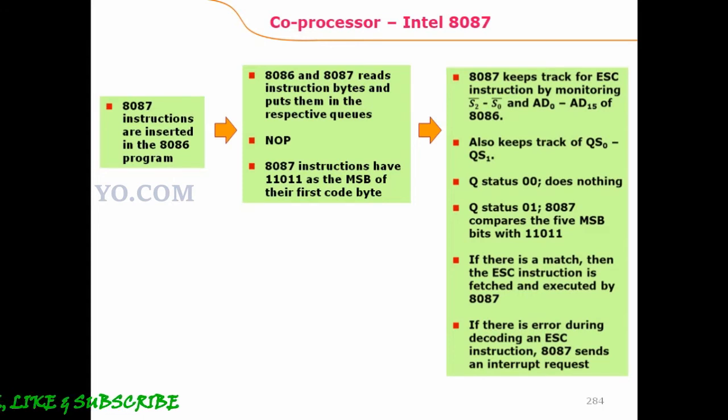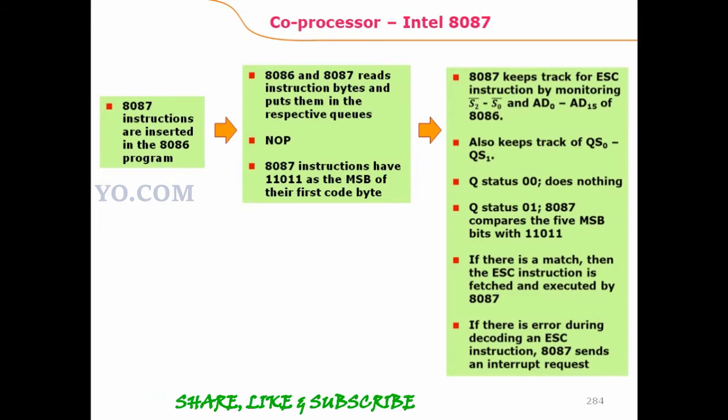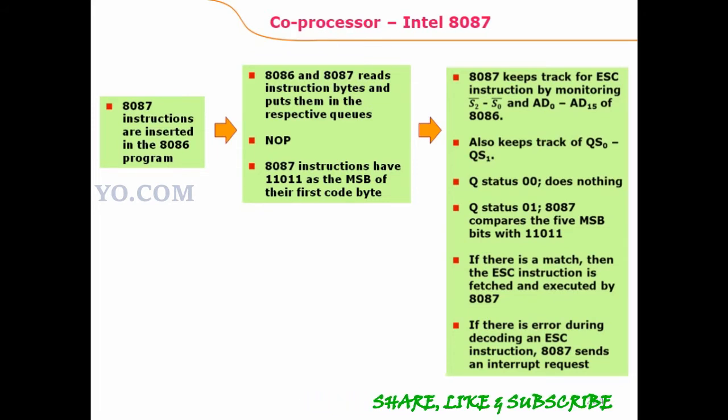It also keeps track of the queue status QS1 and QS0. So the 8087 always keeps track of escape instructions by monitoring the status lines and the address and data lines of the 8086, and also the queue status. Queue status 00 means do nothing.